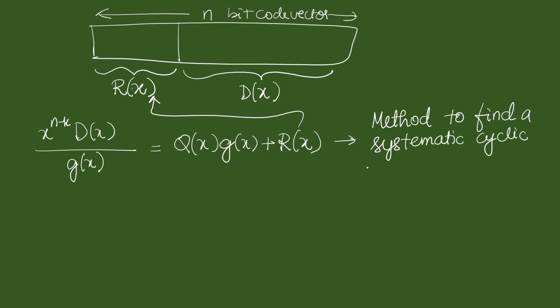So we will see one example now. I'm going to solve an example to find the code word vector in both the non-systematic as well as the systematic method.